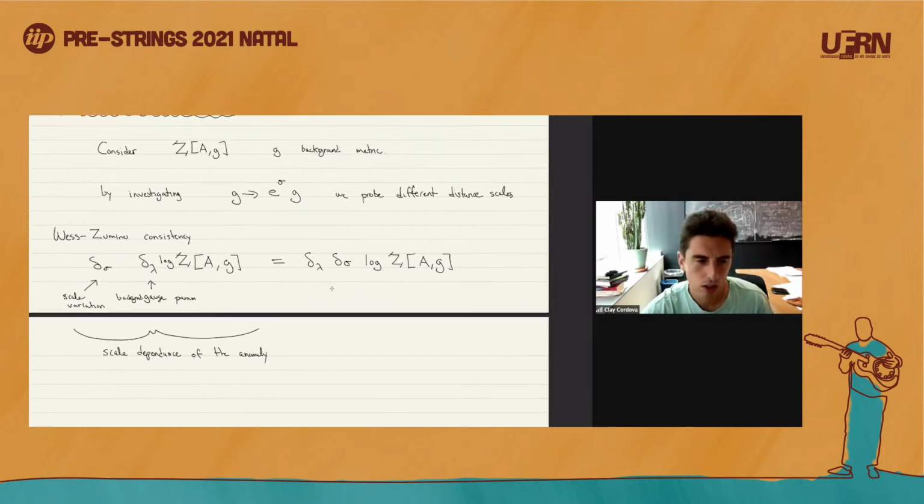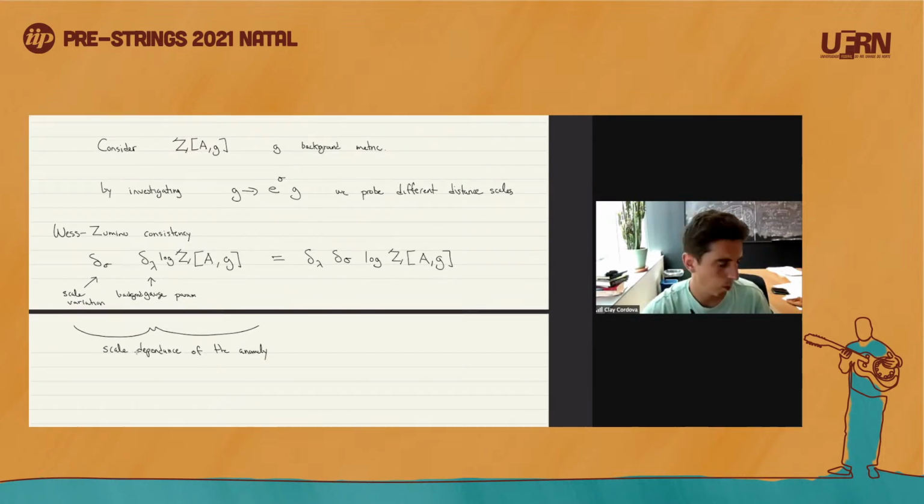So the left-hand side has what we want, the scale dependence of the anomaly. What's going on with the right-hand side? It's delta lambda of something that we can evaluate. When you take the sigma variation, it means you change the metric by this overall scale.